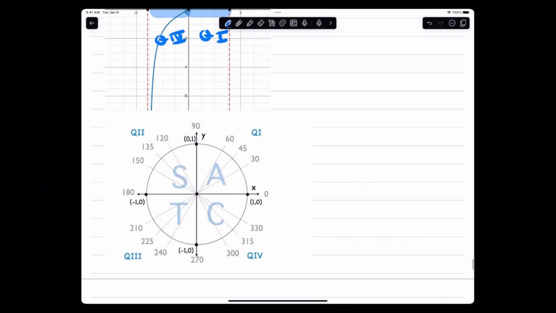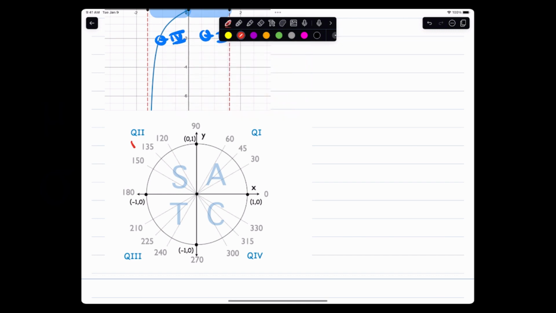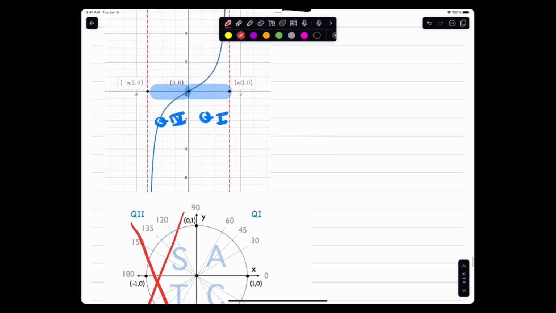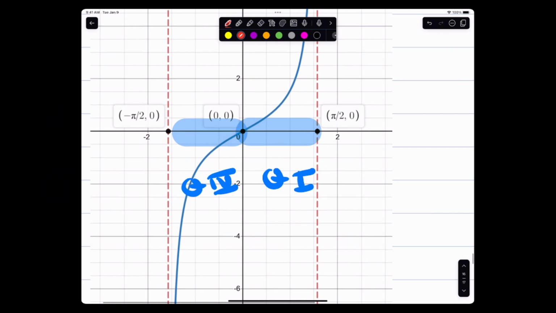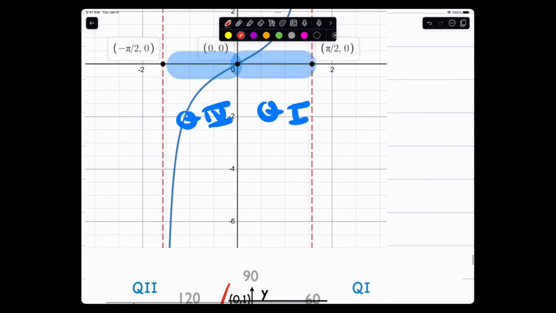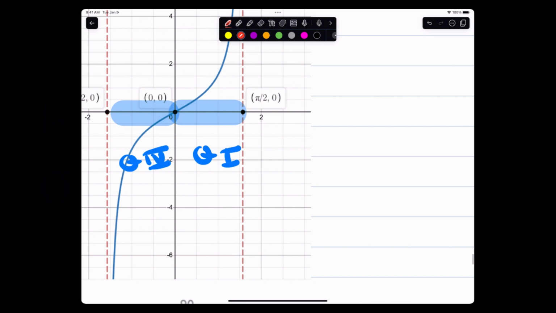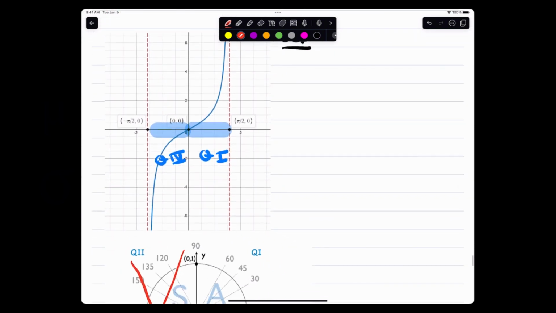And what I'm saying to you, in order to have an inverse trig function, we threw out quadrant 2, quadrant 3. You say, really? Because you have now what here? From negative pi over 2 up to 0, that's quadrant 4, negative angles. And 0 to pi over 2, that's quadrant 1.